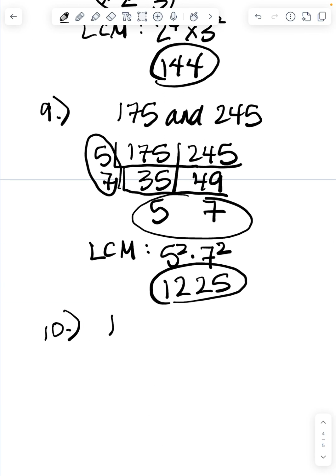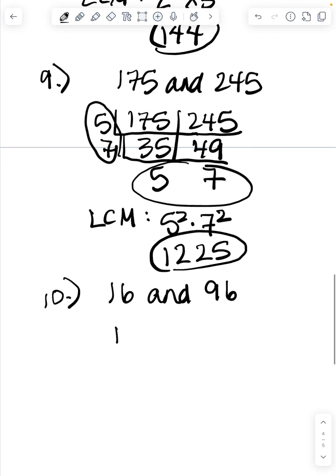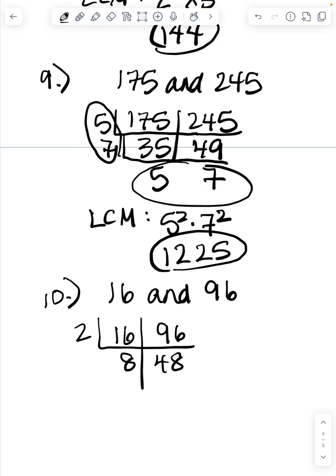Number 10, 16 and 96. Okay, so these are both even. Start with 2. That's going to leave me with 8 and then 48.